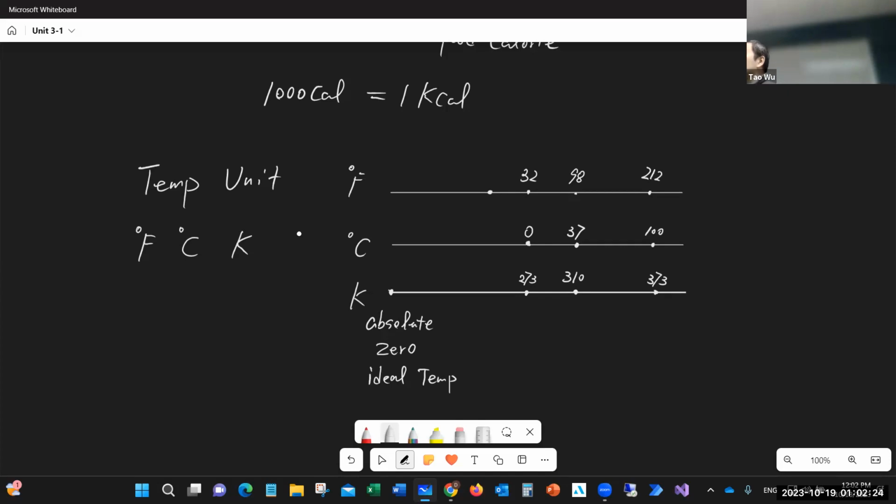By definition, at absolute zero nothing is moving, including the atoms, electrons, neutrons, protons. Nothing is moving. The lowest temperature that we can get right now is about 4K.